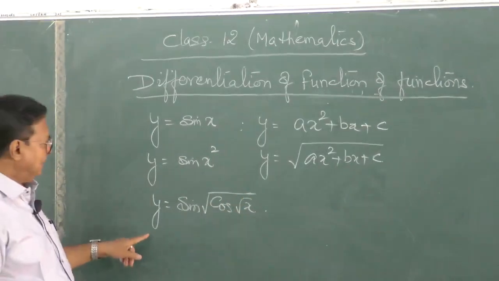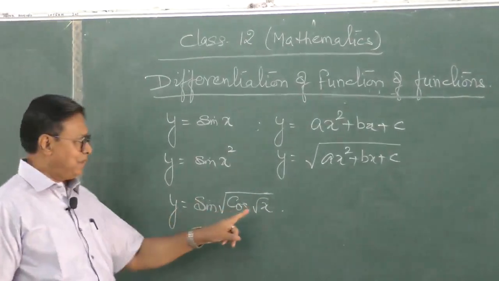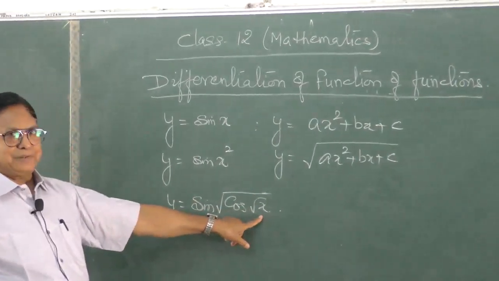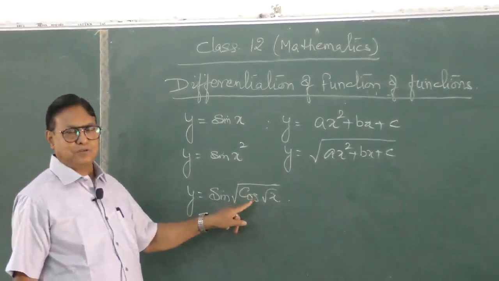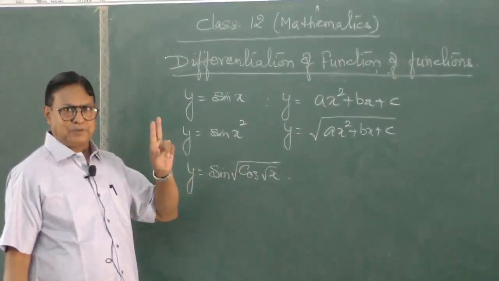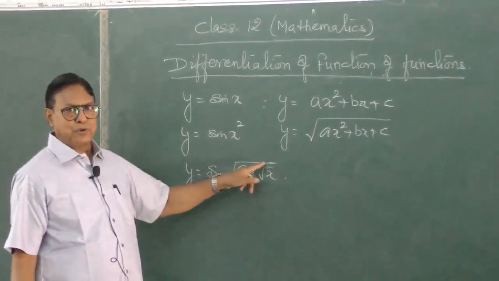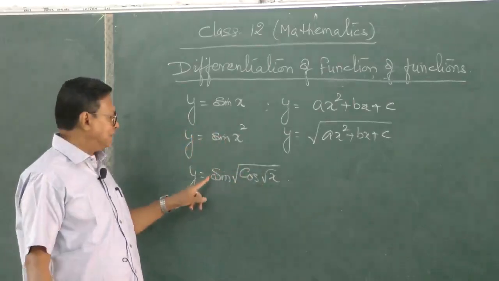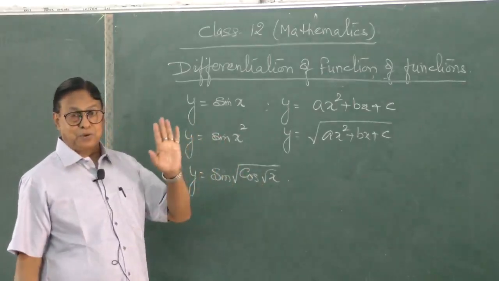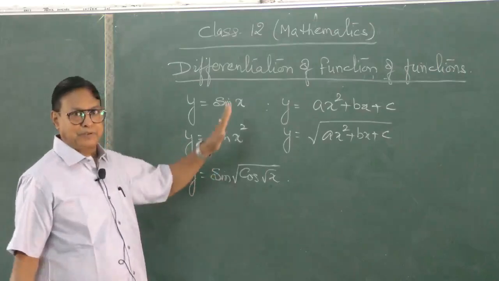If I write the function as this, the first thing, putting the value of x, get the square root of x, cos of that, two operations, then square root of that value, third operation, and then sine of that value, the fourth operation. So more than one operation is involved.